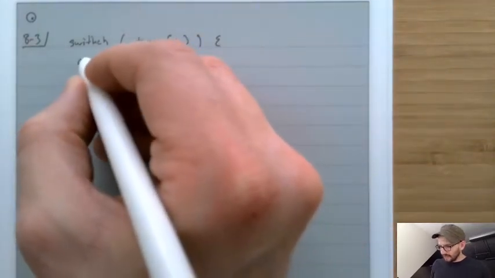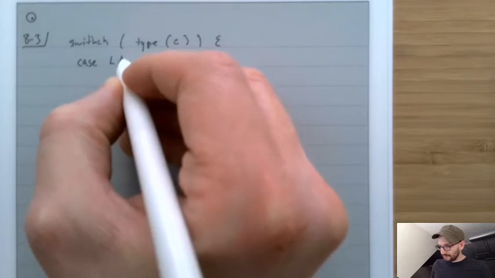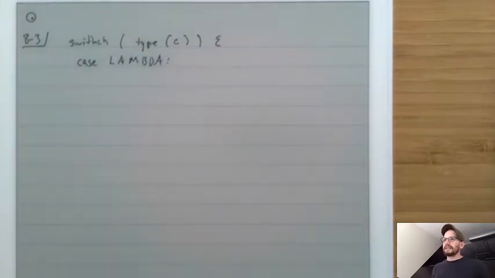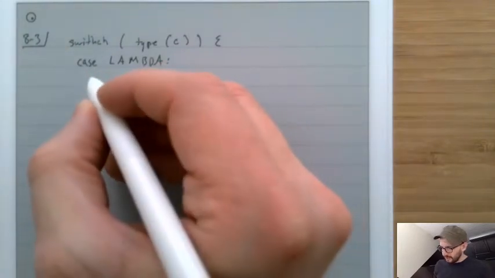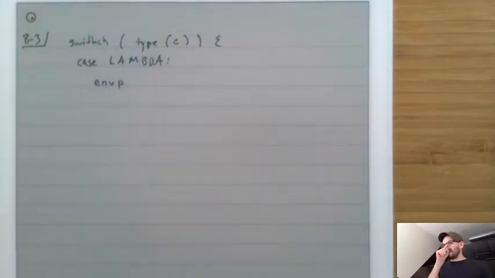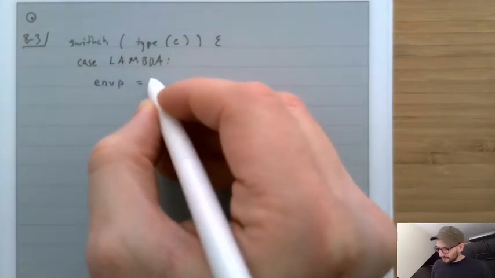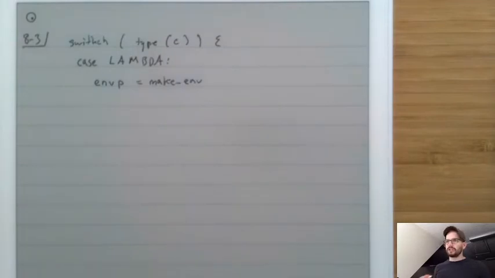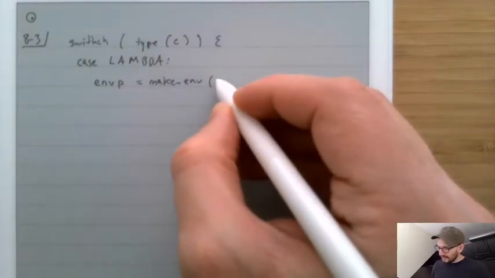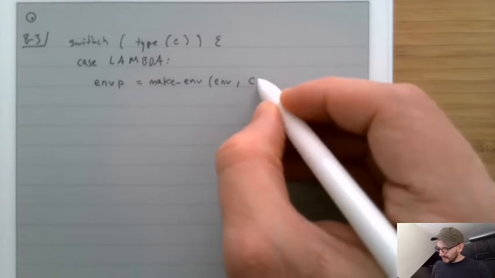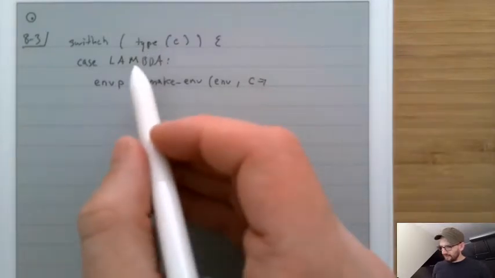And you're going to have a case for lambda. And in that case for your lambda, what you're going to do is you're going to make a new environment. So I'm going to call it environment p. That's for environment prime. I'm going to call my function makeEnvironment that constructs a new environment. And it starts with the old one, and then it has a pointer to the function of the lambda.